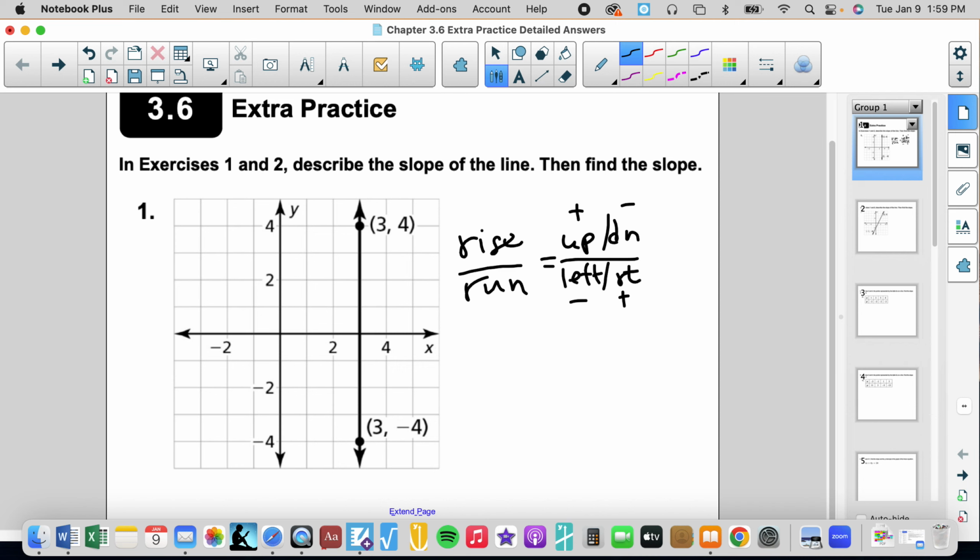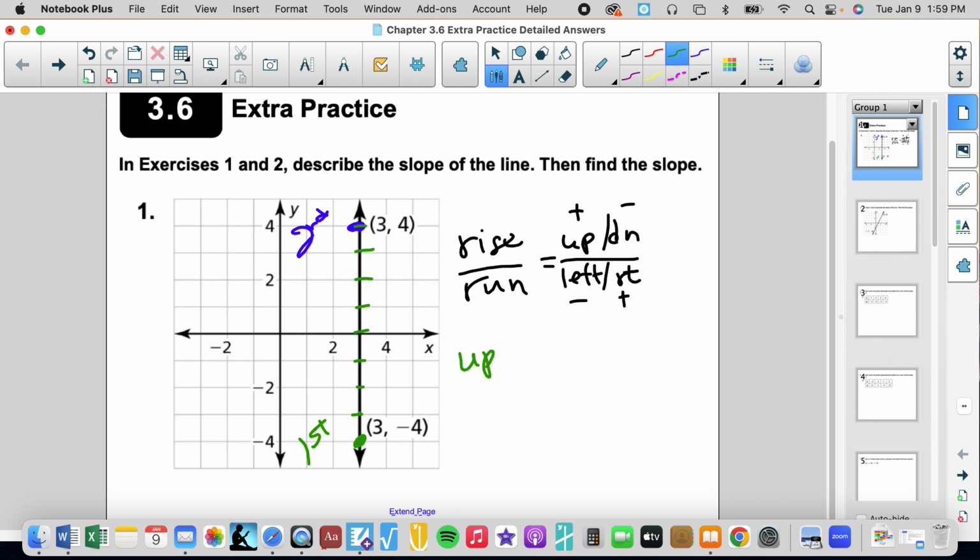So how do I describe going from one point to the other point? I can do this as my first point, and this can be my second point, and then we'll do it again where we flip those. Going from the first point to the second point, up and down, I would go up 1, 2, 3, 4, 5, 6, 7, 8.